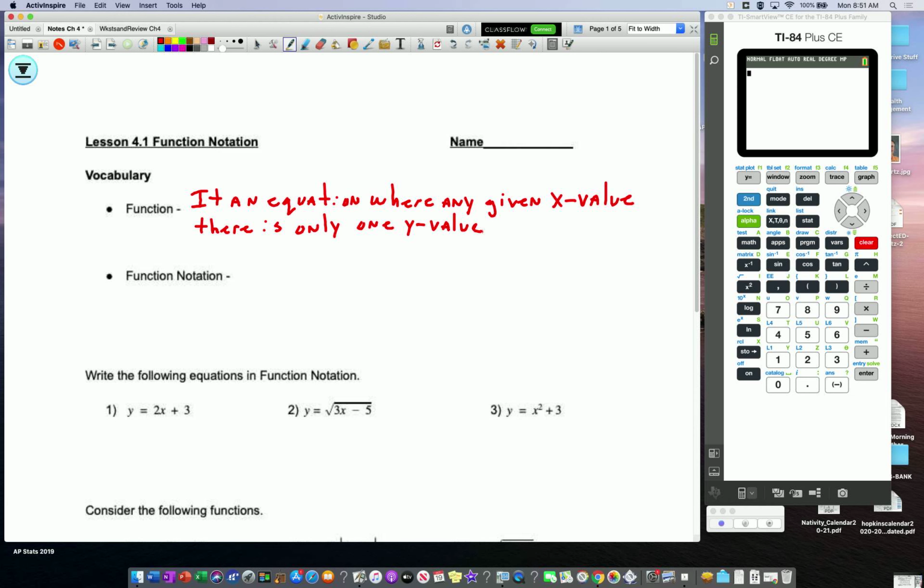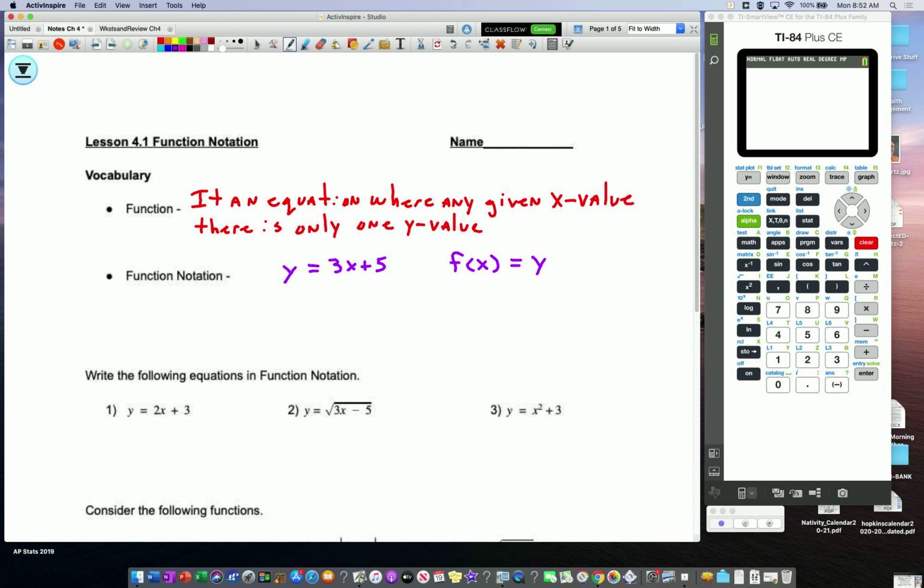So in mathematics, we like to use what we call function notation. A lot of times we will start with an equation, for example, y equals 3x plus 5. In function notation, we replace the y with f of x.